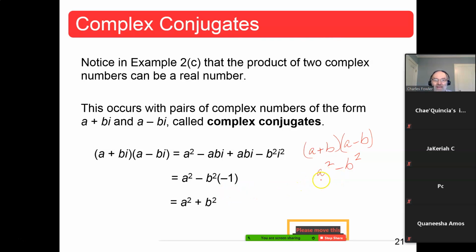But remember then when we had difference of two perfect squares, we said you can always factor that to be a plus b times a minus b. But at the same time, we said if you have the sum of two perfect squares, you can never factor it. Never. That was in the real number system.